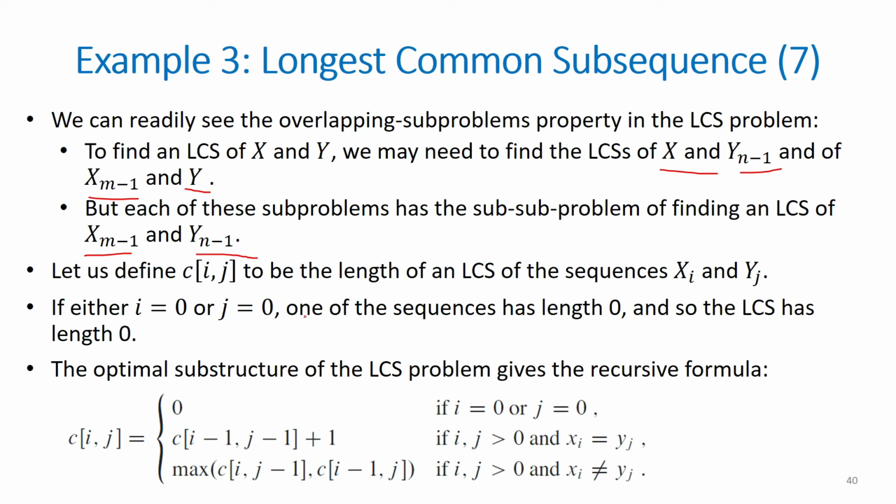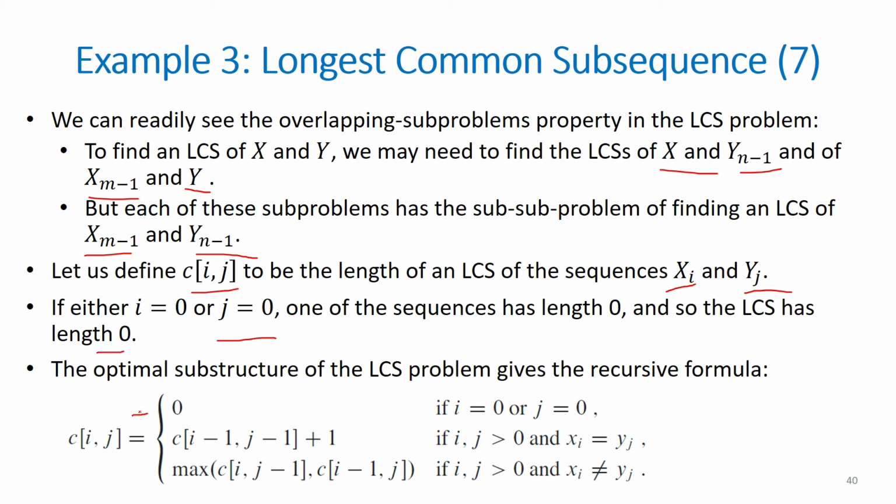Putting this in a mathematical form, we define C[i,j] as the length of an LCS of prefixes x_i and y_j. So, if i or j is equal to 0, it means that one of the sequences is empty, and thus the resulting LCS is of length 0.